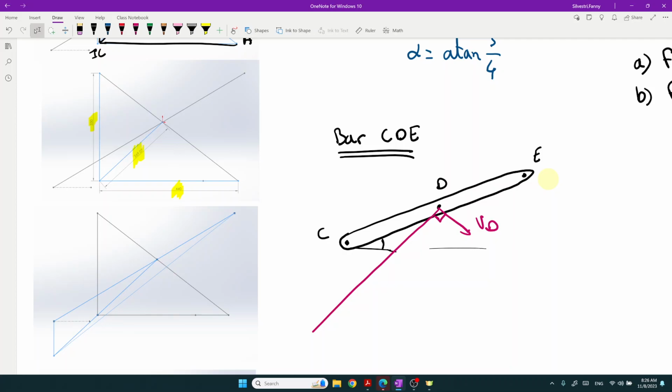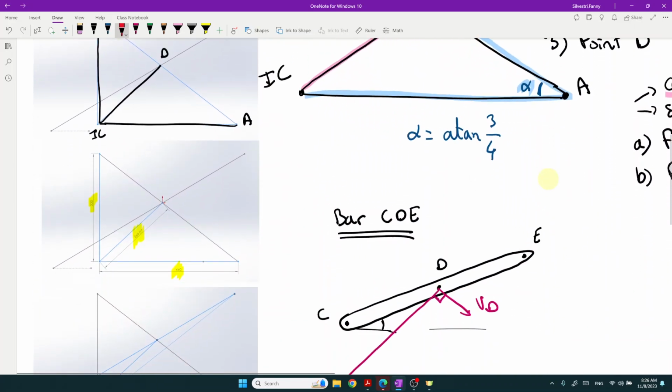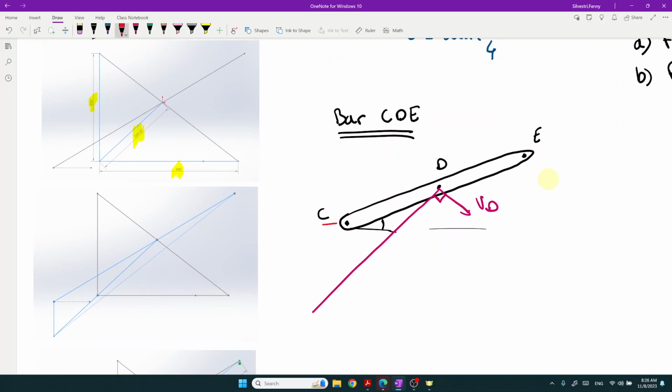That's one piece of information; we need more. We know that the slider C is stuck in a horizontal path. We don't know if it's right or left, but we know that VC is horizontal. So we can draw a line perpendicular to VC, and this point is the IC of the rod CDE.